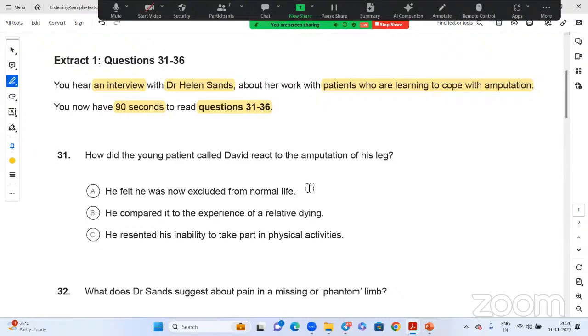Here you can see the subject of this question is David. So how the topic changes, that we have to see here. And here David.